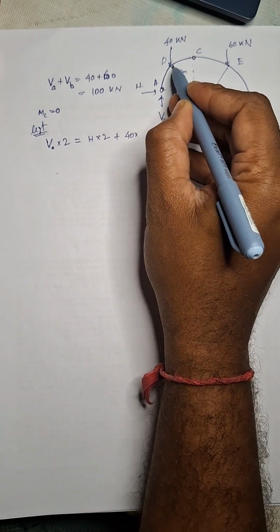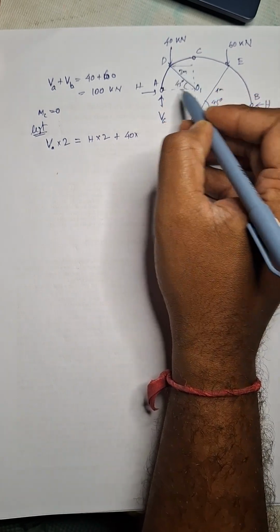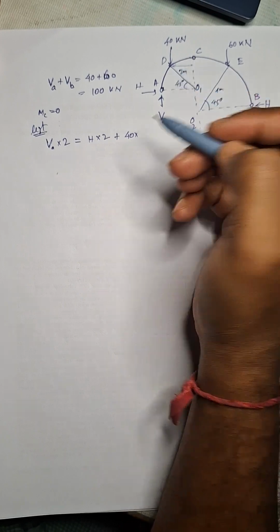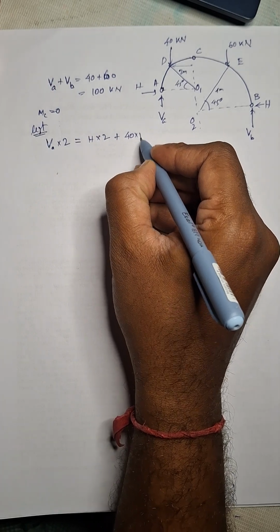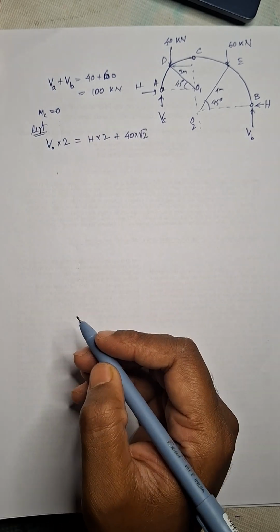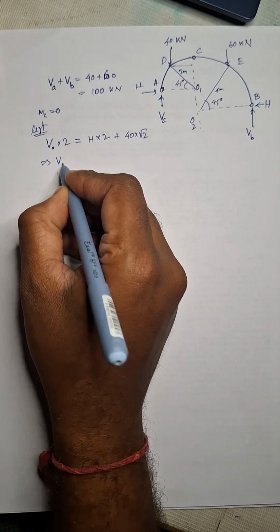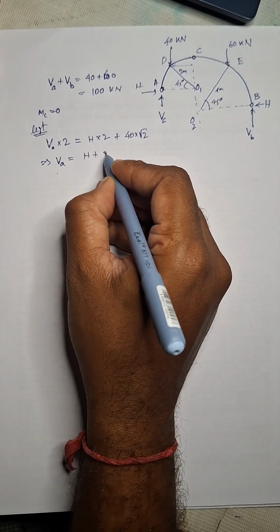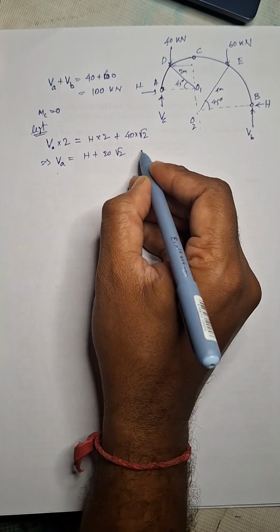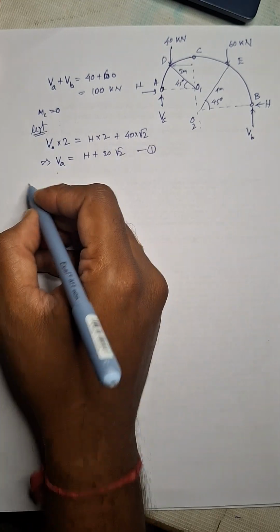This distance. If this is 45, then this is cos 45, isn't it? So this will be 40 into cos 45, which is root 2. So from this we got VA is equal to H plus 20 root 2. Let's consider this as equation 1.